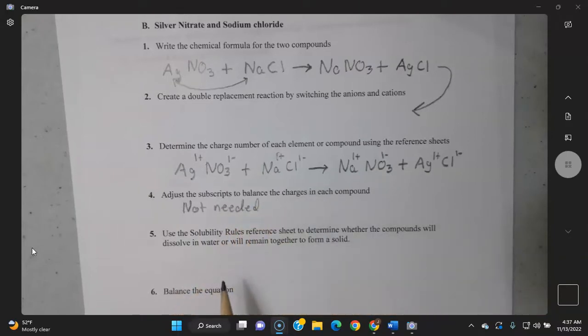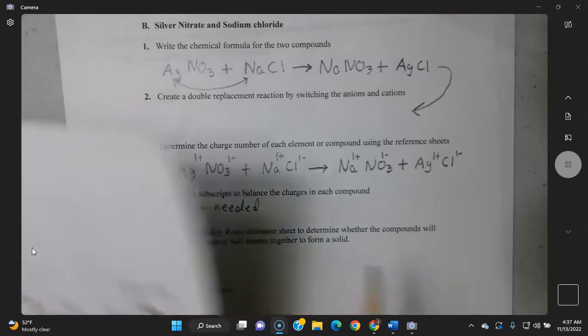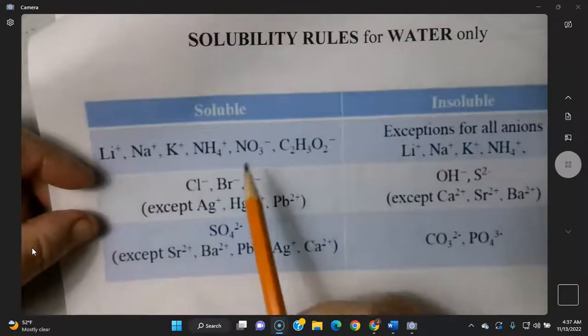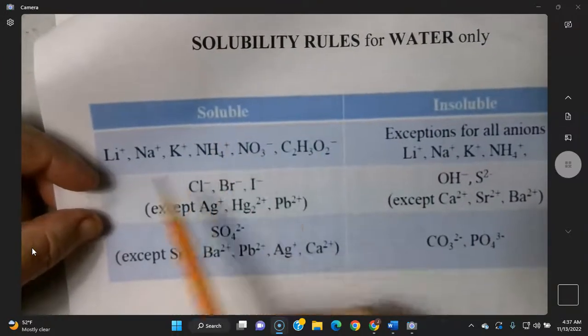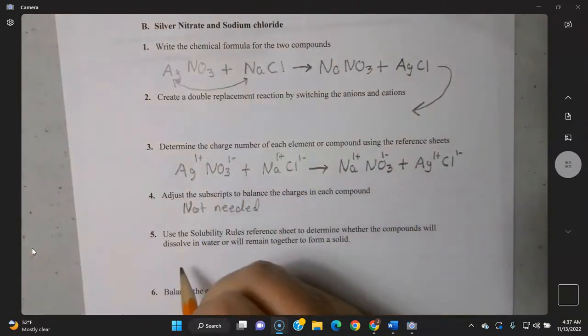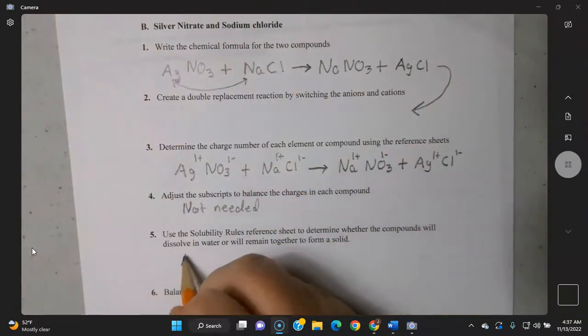Okay, now we're going to use solubility rules. So AgNO3. So we go to the solubility rules. And what it says is, just look for either of those compounds. Here, NO3 is soluble with anything. There are no exceptions. So we're going to write it out again.